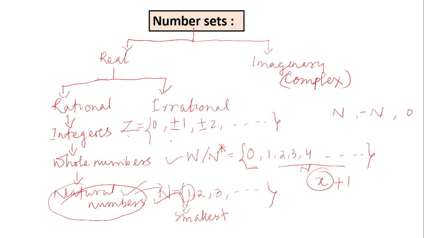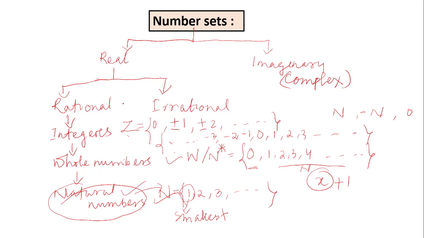You can also write this integer set by putting 0 in the middle, then writing the positive integers 1, 2, 3, and so on towards the right, and the negative numbers minus 1, minus 2, minus 3, and so on towards the left.